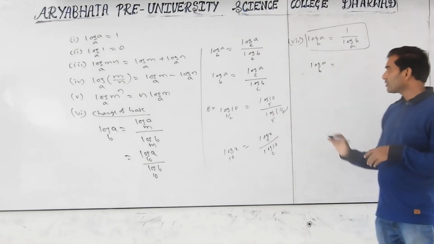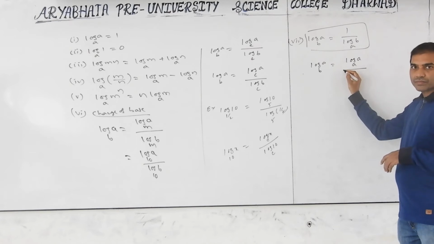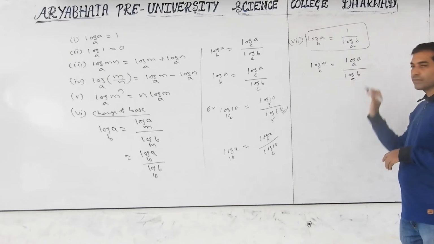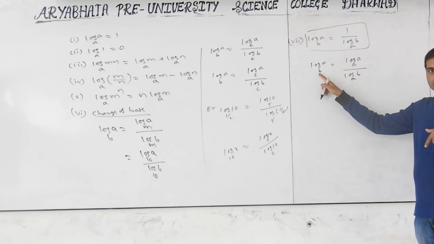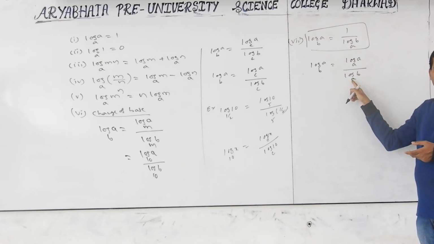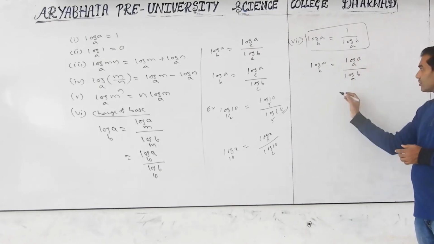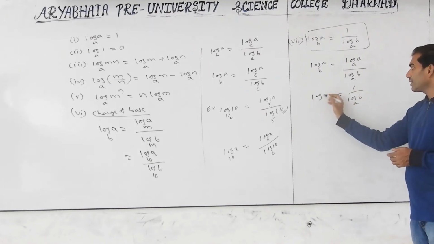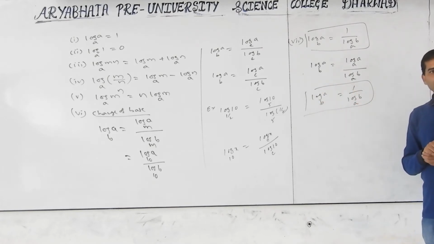By using change of base, log a base e divided by log b base e. Right? Here the base is b. Now I am going to change the base by using the base rule, base as e. Now log a base a is 1. So 1 by log b base e. This is the property. Log a base b equal to 1 by log b base a.